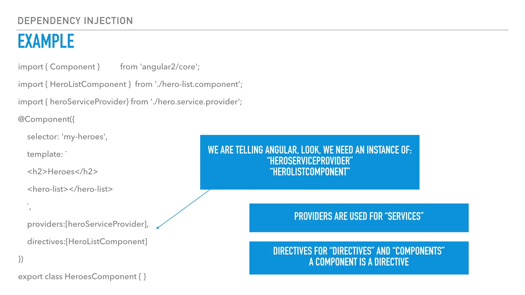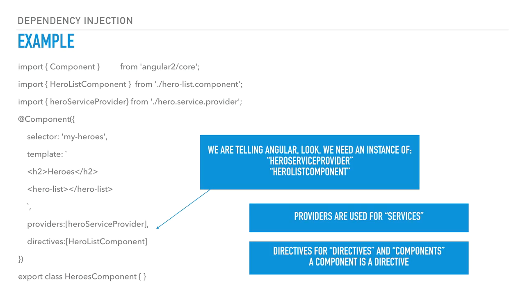So using this array, we are telling Angular, look, when we have my heroes component, I want an instance of the hero service provider. So Angular will instantiate this and will bring it to you, okay?